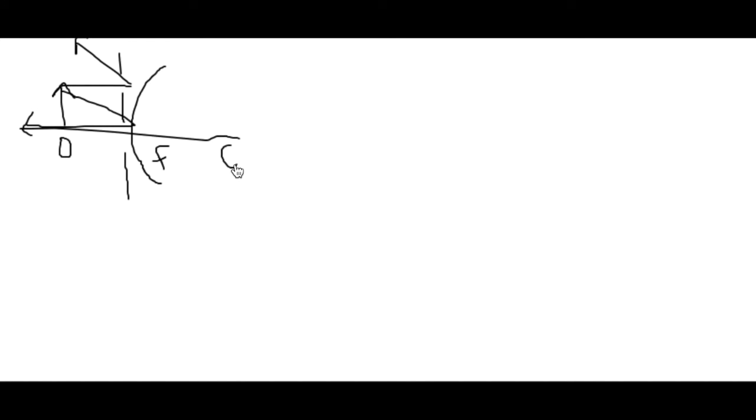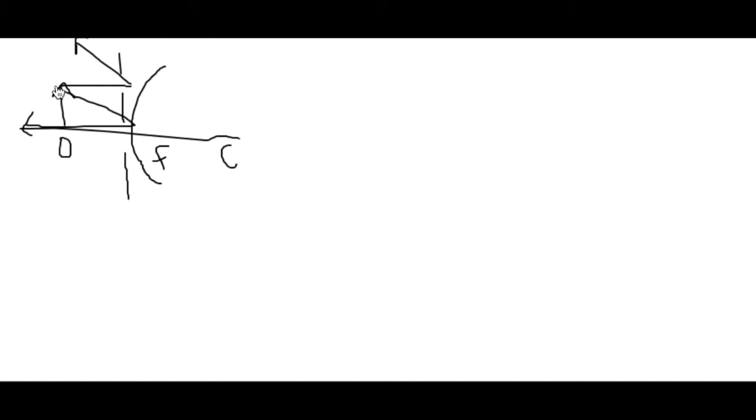The first mirror that's going to be drawn is a convex mirror. So the most important thing to know is that you draw through the focal point, then parallel, then through the focal point, and then through the center. But in some cases, such as diverging, there's diverging in either way.